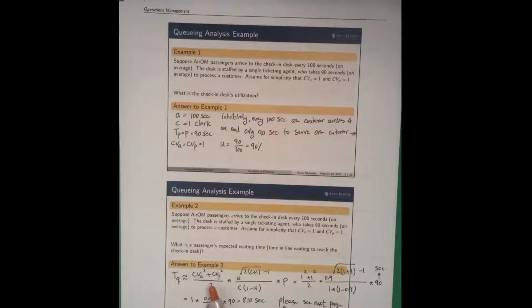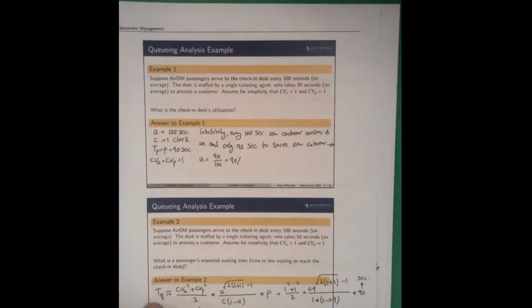I'm going to plug in ones here. U is 90% to the power of 2 times C plus 1, C is 1, minus 1 times C times 1 minus U, times processing time P or TP. So if you simplify this, that's going to be 810 seconds. On average, every customer is going to wait 810 seconds in line.